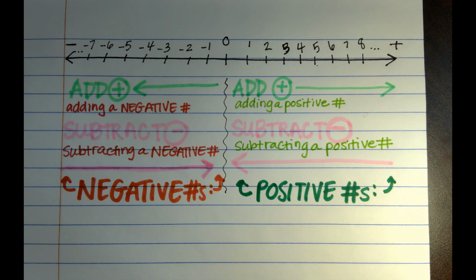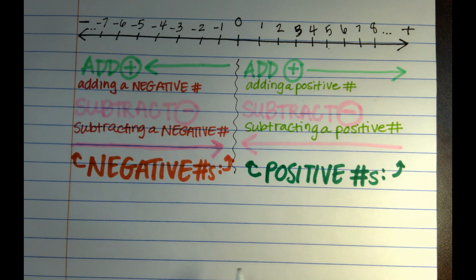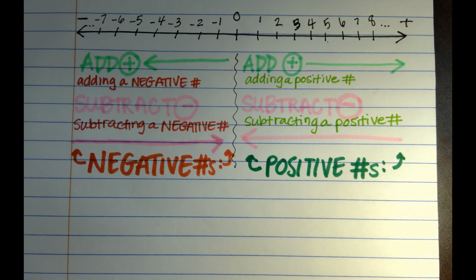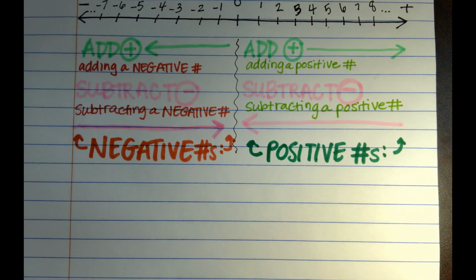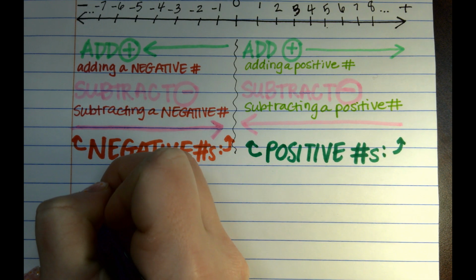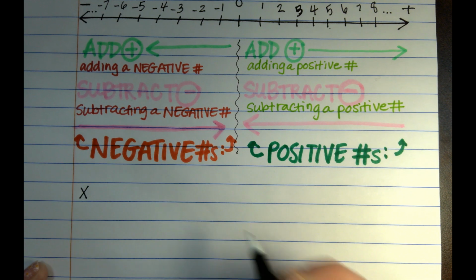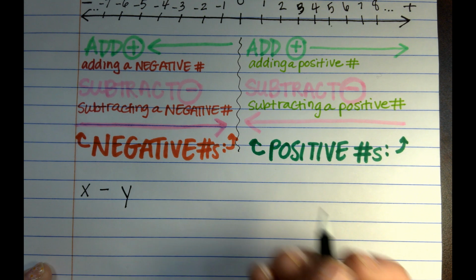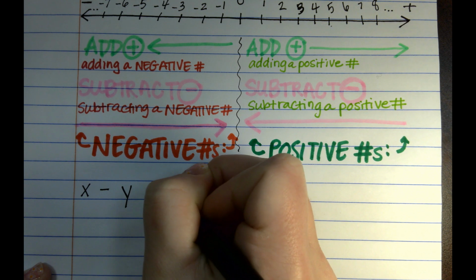So let's go back to talking about some of our variables. What if I gave you a problem that has more than one variable in it? What if I gave you something like this? x minus y plus 3.